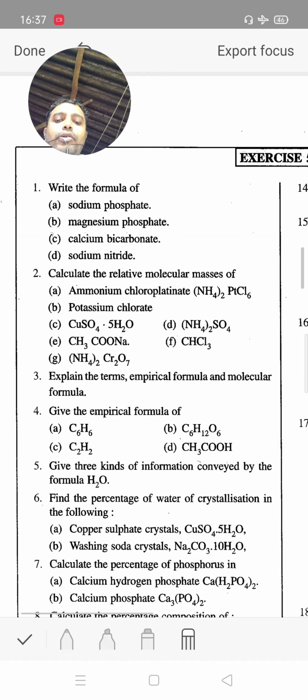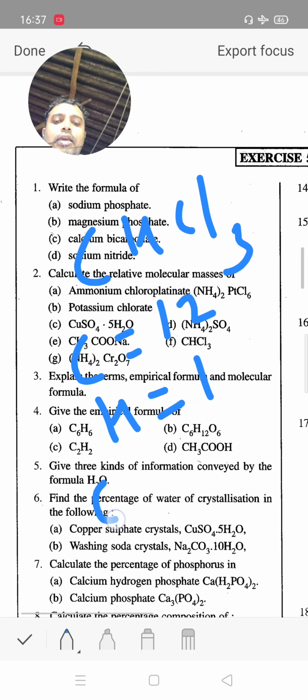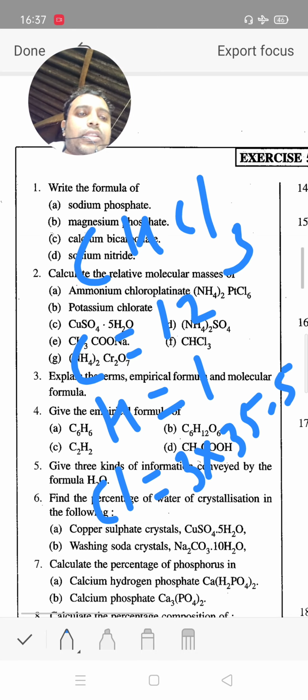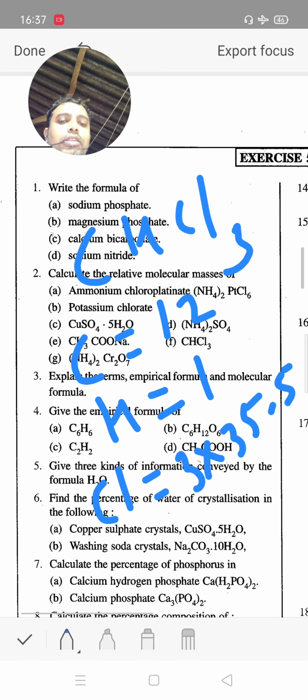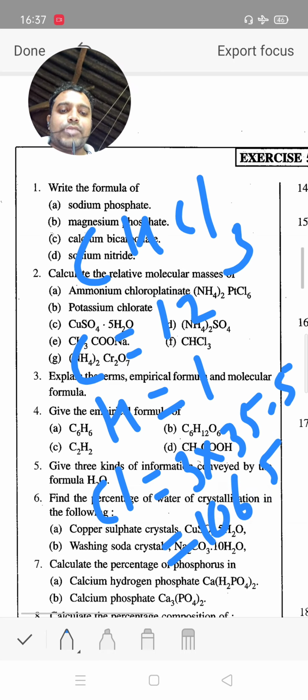Next example, chloroform. Chloroform has 1 carbon 12, 1 hydrogen 1, and 3 chlorine, means 3 times 35.5. Atomic mass of chlorine is 35.5, so we get 106.5.